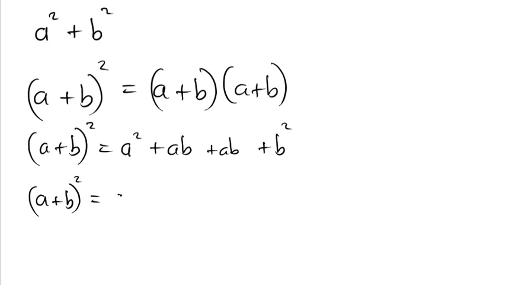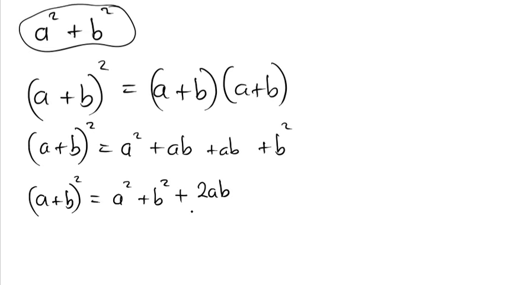This is equal to, get the a squared, get the b squared, and then put the ab together, so that will give us 2ab, like that. Then, since we're looking for this expression, push the 2ab to the other side. So you have a plus b squared minus 2ab.